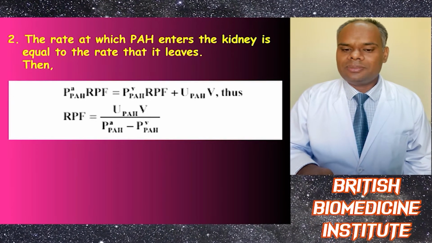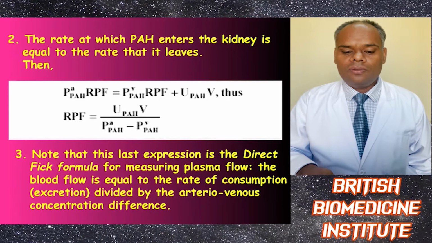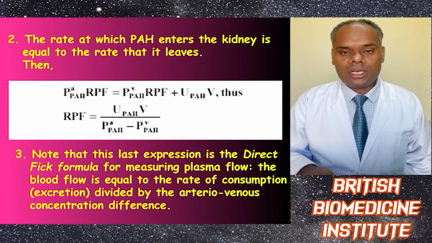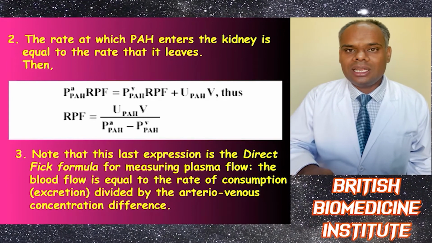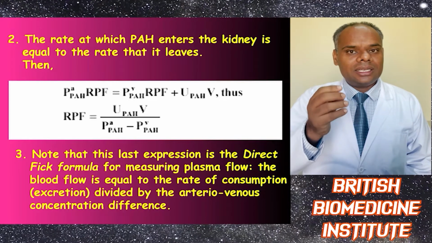Note that this expression is the direct Fick formula for measuring plasma flow. The blood flow is equal to the rate of excretion divided by the arteriovenous concentration difference.